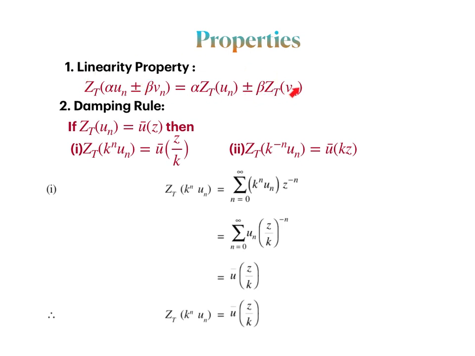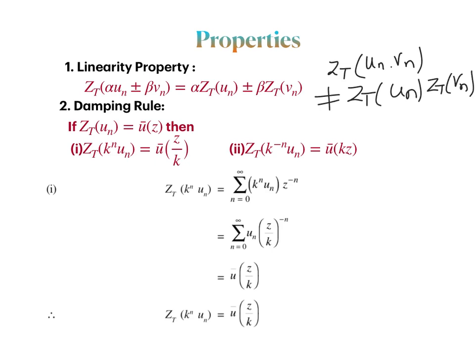So what you have to understand from this is, when the function is in linear, means plus or minus format, you can separate. If it is in product and division format, it is not separated accordingly. For example, Z transform of two functions Un into Vn cannot be written as Z transform of Un into Z transform of Vn. This is not true. So only linearity property is present.